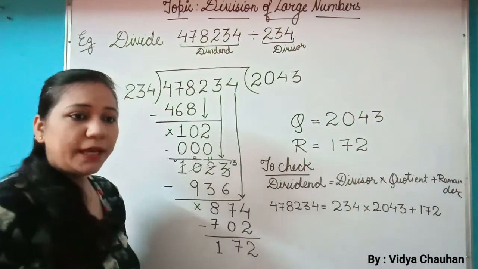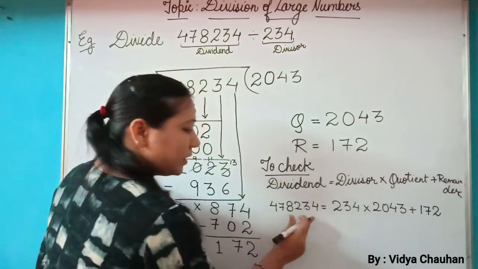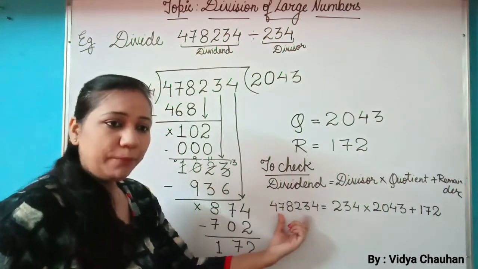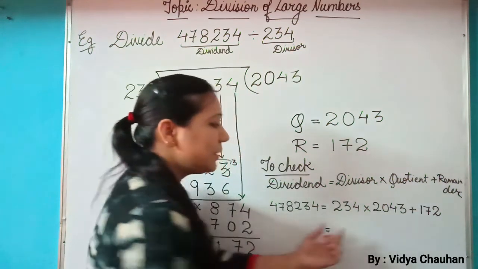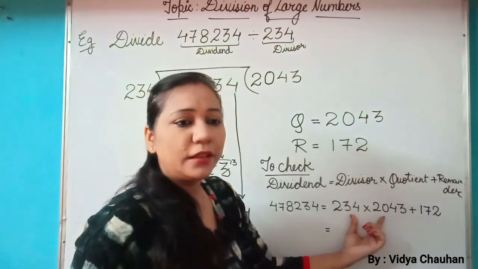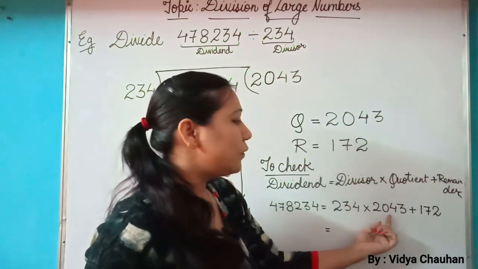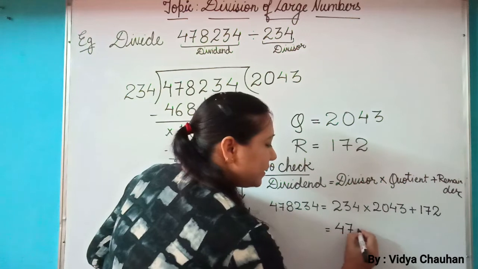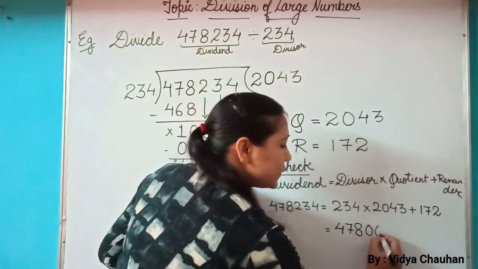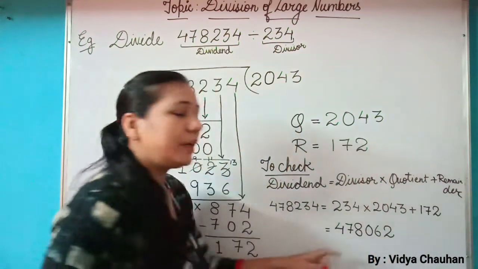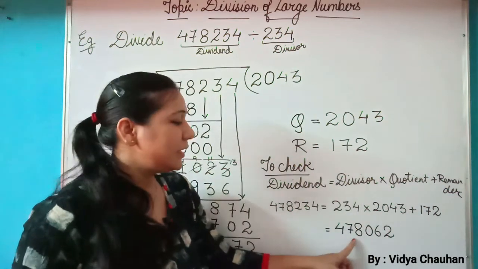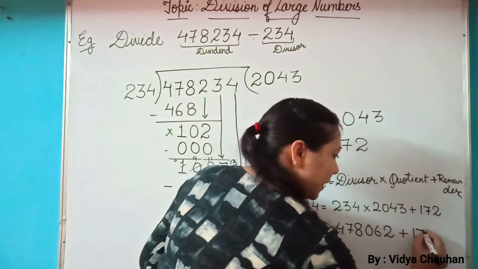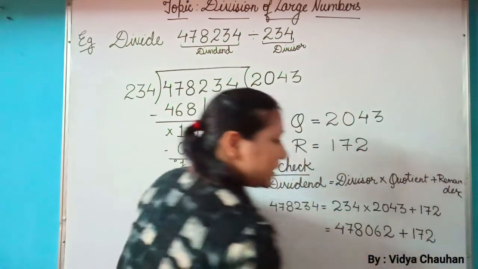Now let us multiply the terms. Multiplying the terms on the right hand side, the left hand side will remain the same. The right hand side, when you multiply these two terms, 234 with 2043, what you will get is 478,062, plus our remainder 172.